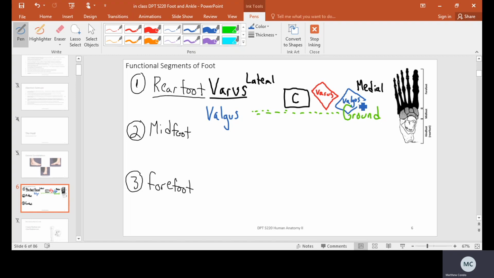I need 3 points of contact. I need the calcaneus, I need the fifth MTP joint, and I need the number 1 MTP joint, just for stability.